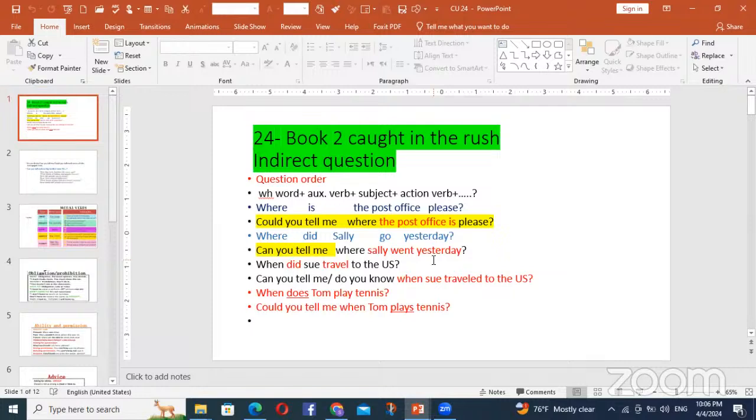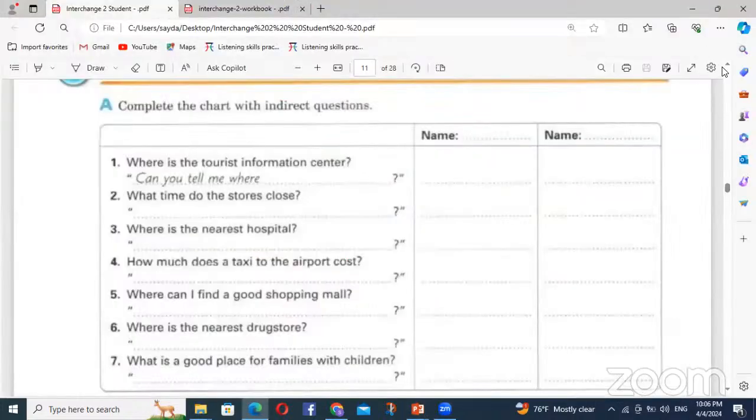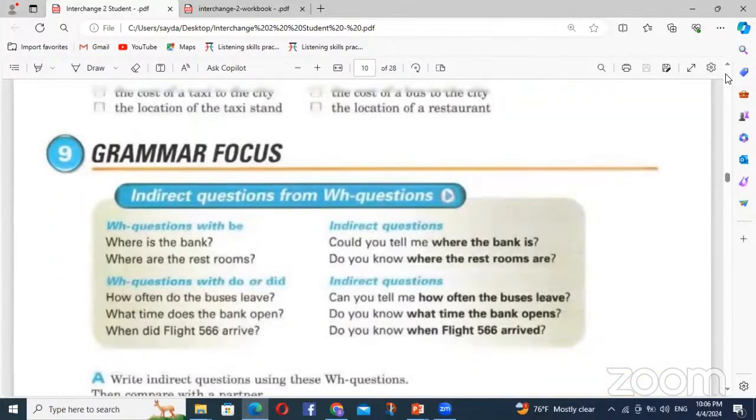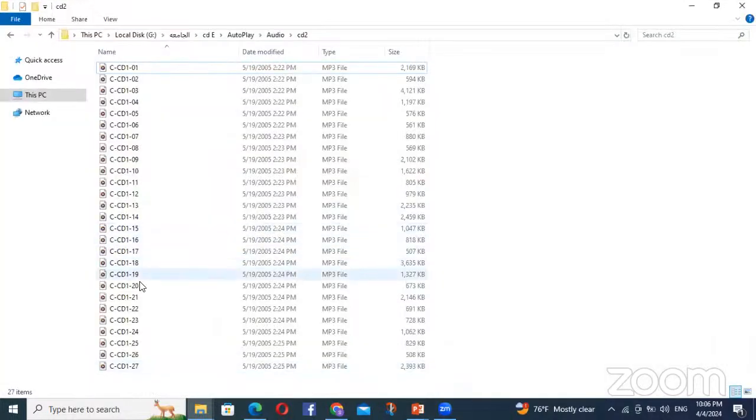Look, in this unit we're going to deal with something which is called the indirect question. Okay. Where is the indirect question like this? It is this part. Okay. Here it says indirect questions from WH question words. Okay. And we are going to know how we form this one. Let's go to the listening. The page, lesson 9.